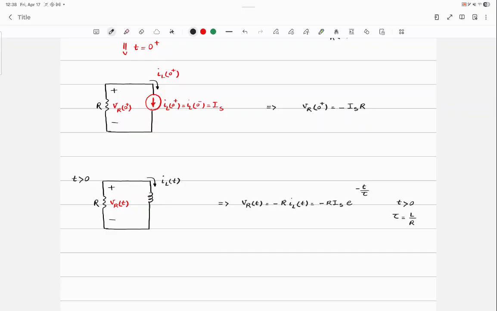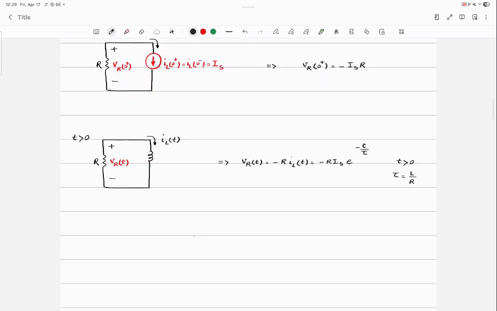Instead of writing negative RIS, what can I write? Look one line above. I can write VR0 positive, right? So let me write this and you tell me if everything is making sense.